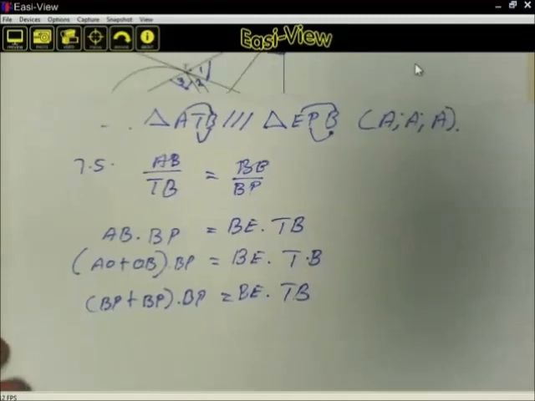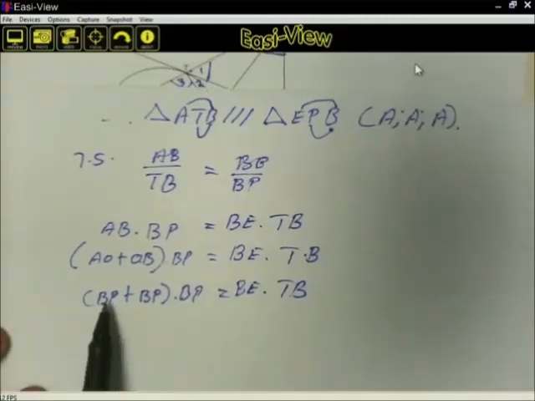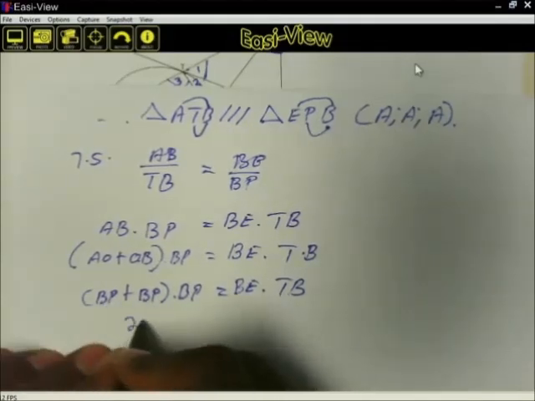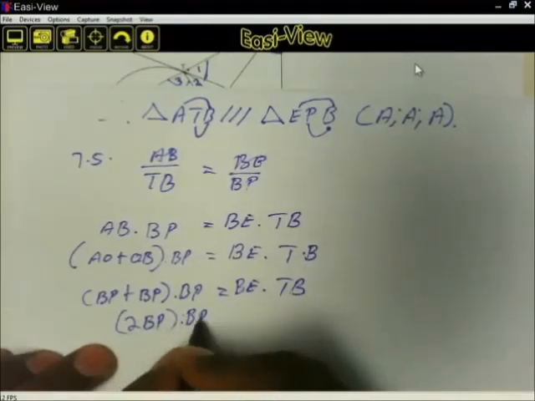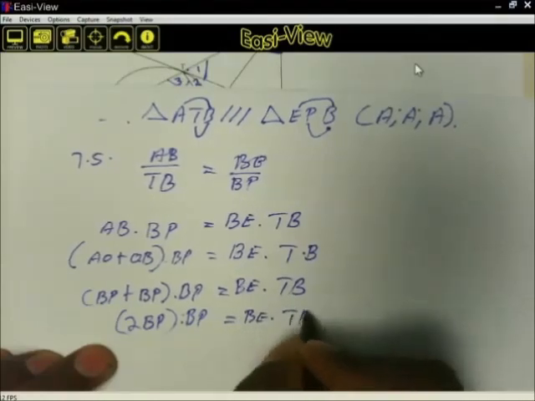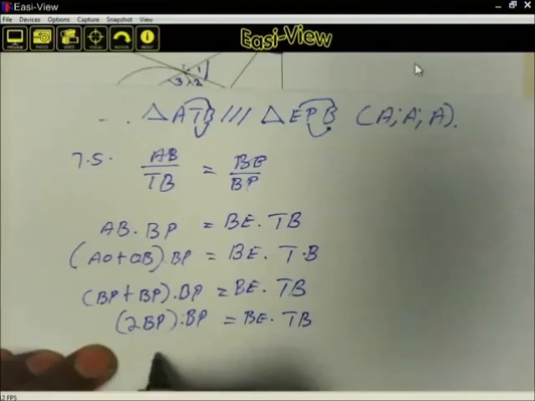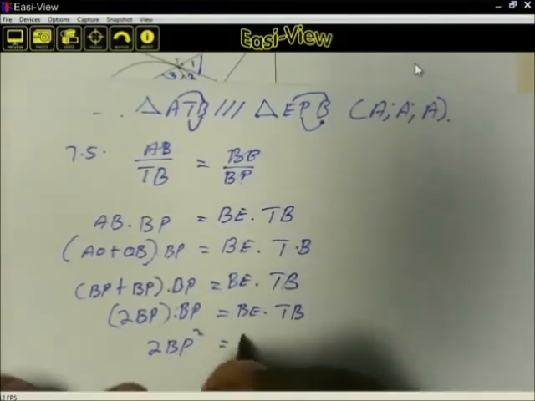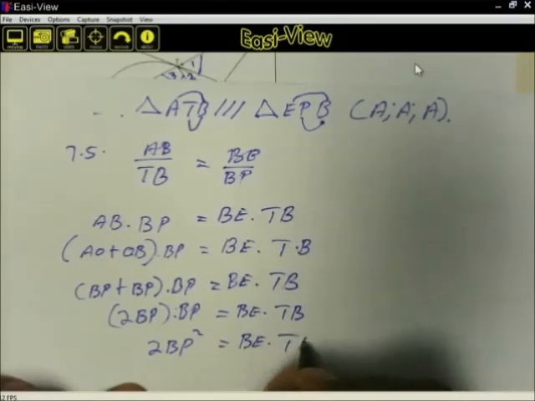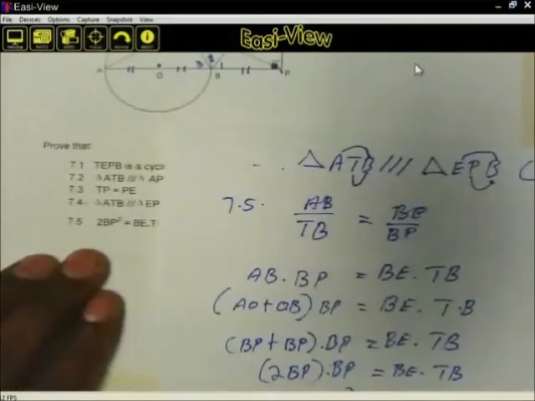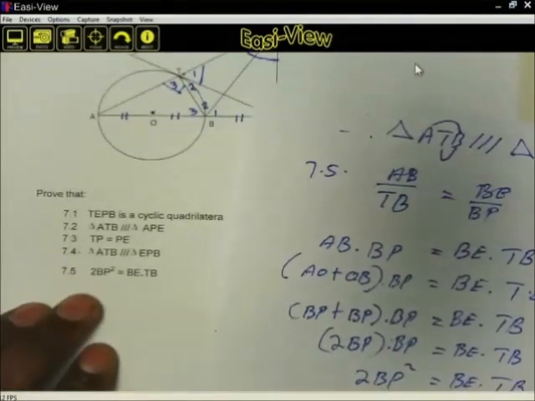Then you add the two, BP plus BP, which gives twice BP, multiplied by BP. The product is still BE multiplied by TB. Therefore, you multiply throughout, and you've got 2BP squared, which gives BE multiplied by TB. Then we have got the required to prove part: twice BP squared equals BE multiplied by TB.